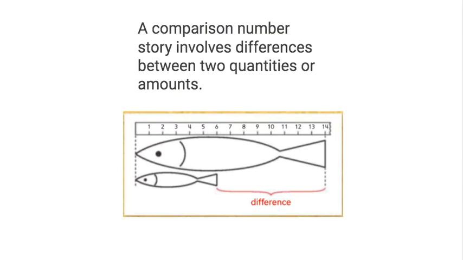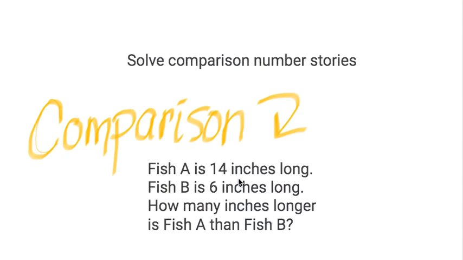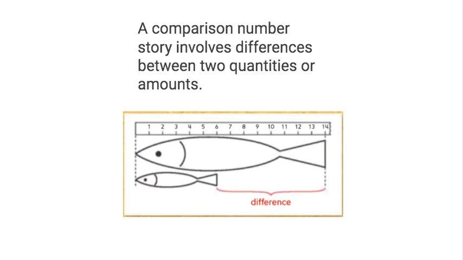Well, one thing to talk about is a comparison number story. It involves differences between two quantities or amounts, right? Two quantities or amounts. And with this number story, the quantity or amount is comparing fish A with fish B. Fish A is 14 inches long, and we can see that with this really long fish against the ruler, he hits 14 inches.